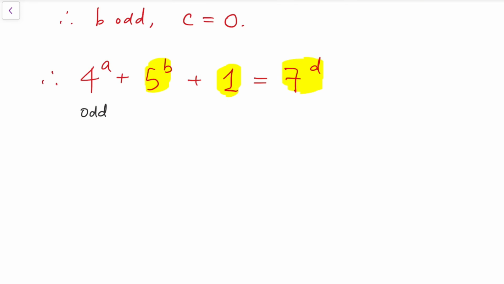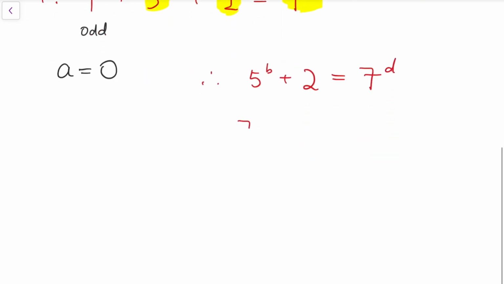But that's impossible unless a equals 0, or else for positive exponents, 4 to the power of that must be an even number. So that means a equals 0, so the power equals 1. So therefore, 5 to the power b plus 2 equals 7 to the power d.